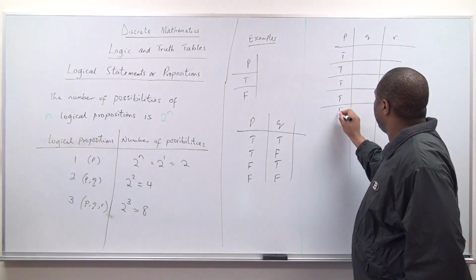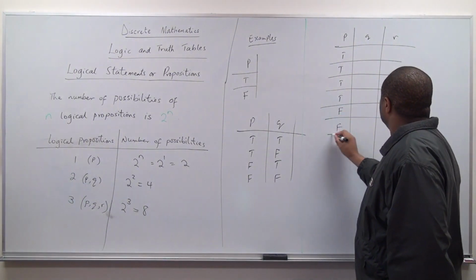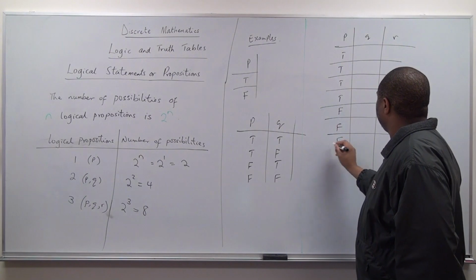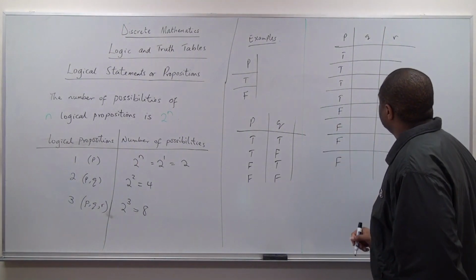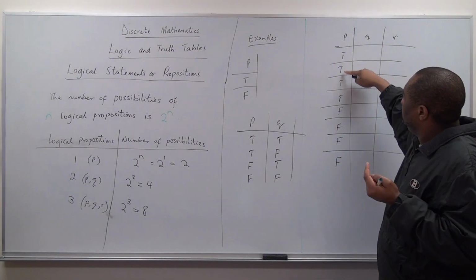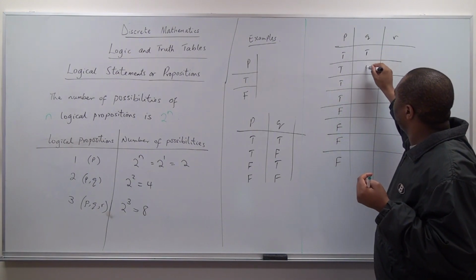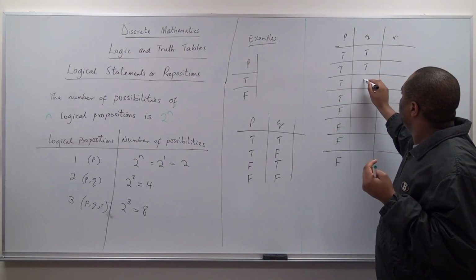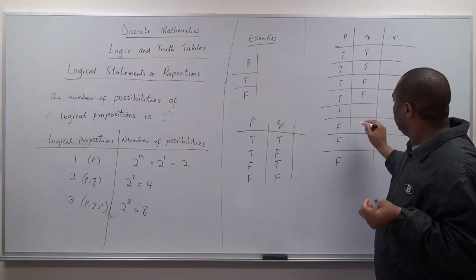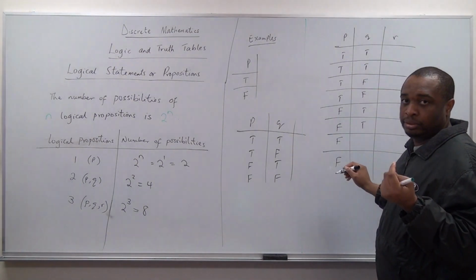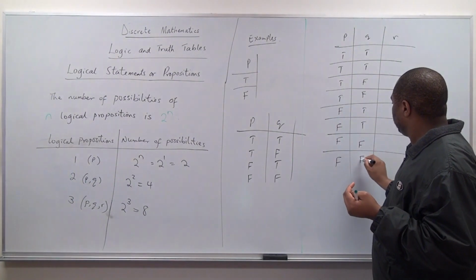Then for Q, this 4 divided by 2: 2 truths, 2 false, 2 truths, and 2 false.